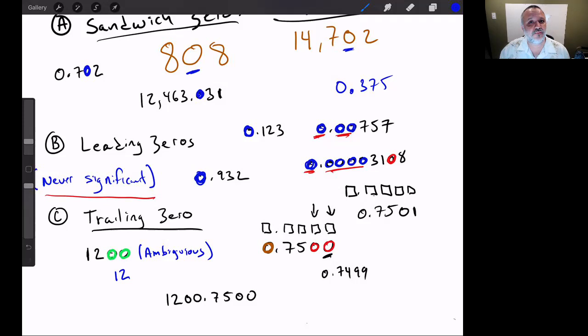The author or the person who wrote down this measurement didn't indicate in any way where the significant digits are. And so with a number like 1200, the technical answer is that it's ambiguous. But the reason I started off by saying they're not significant is because that's the assumption that you have to make when they're ambiguous. We assume they're not, because if we assume they are, and it turns out that they're not, then we're adding precision that isn't there.